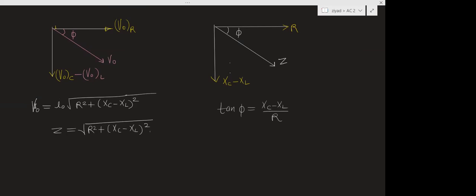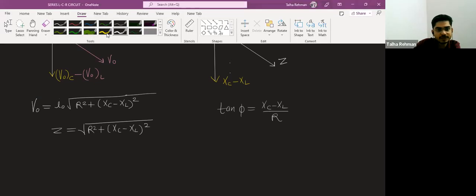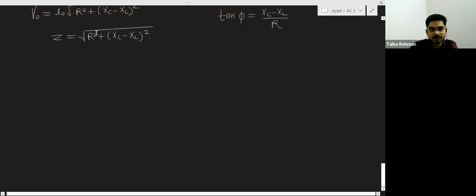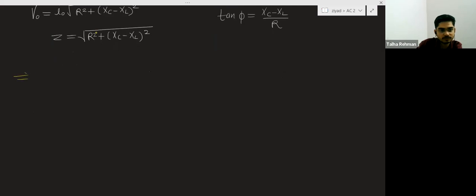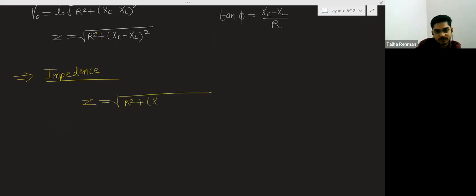So remember this formula if you want to calculate the impedance. This formula is always valid: Z is equal to the square root of R square plus XL minus XC square. Why?